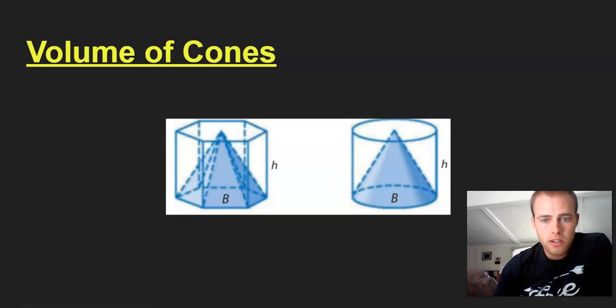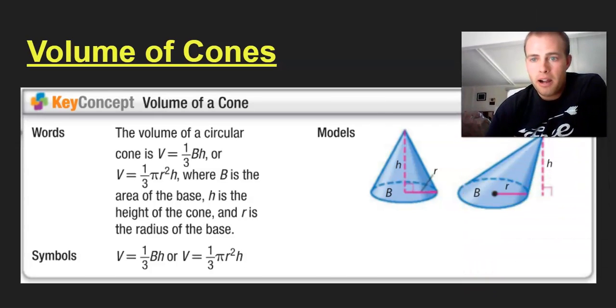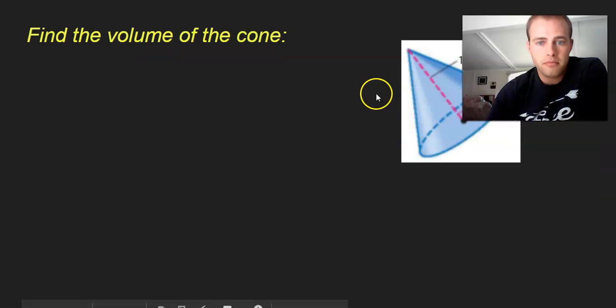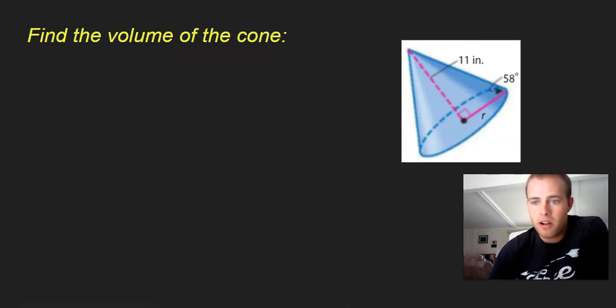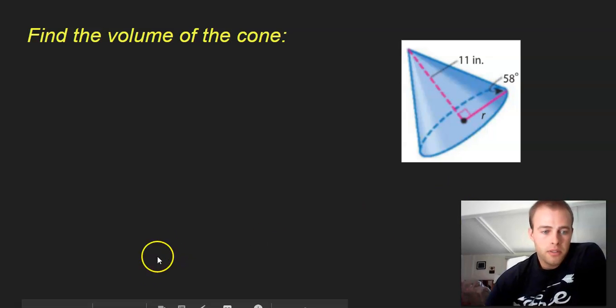Like I said, cones is going to be very similar, in fact the same as pyramids, because we're still taking up 1/3 the total volume. So we're going to be 1/3 base times height, or 1/3 pi r squared h. Alright, so here's our cone. This one's going to try to make us work a little harder.